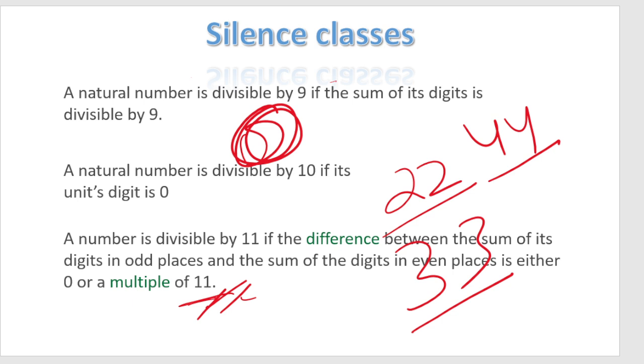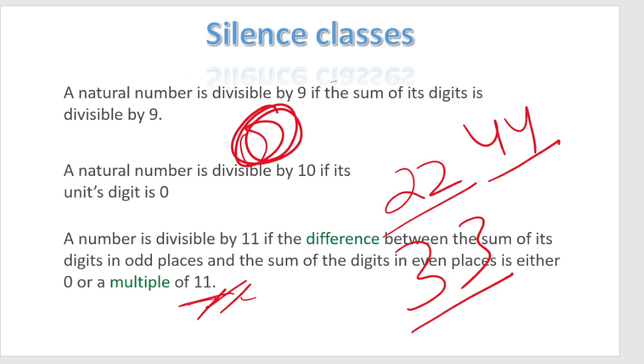I am explaining once again. If a number is given to you, first of all find the even-place digits and the odd-place digits of that number. Add the even-place digits and add the odd-place digits, then subtract them.